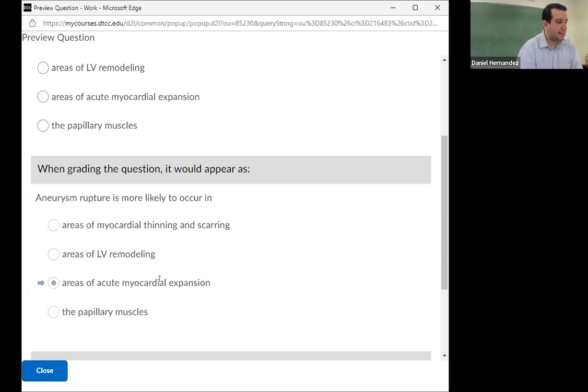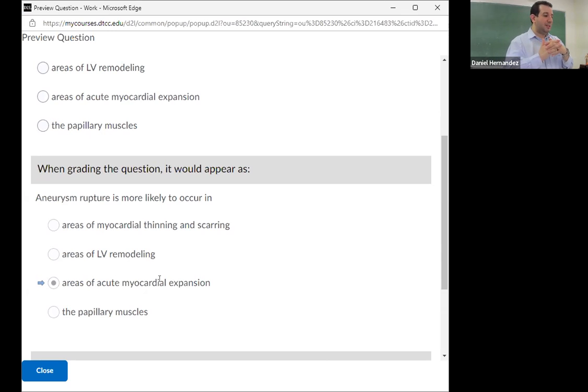That area that dilates very quickly is referred to as acute myocardial expansion. Since it dilates very quickly, it doesn't get a chance to form that fibrous scarring. That scarring is what helps prevent aneurysmal rupture because it's fibrous.